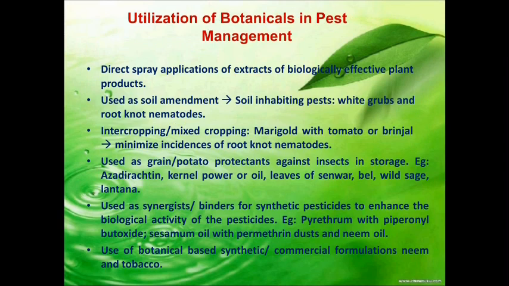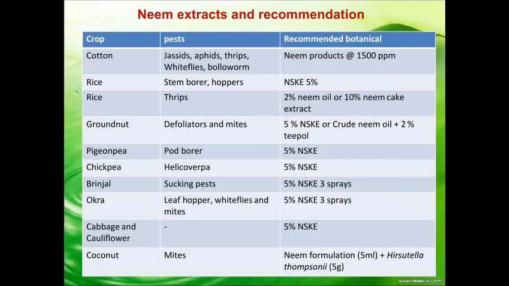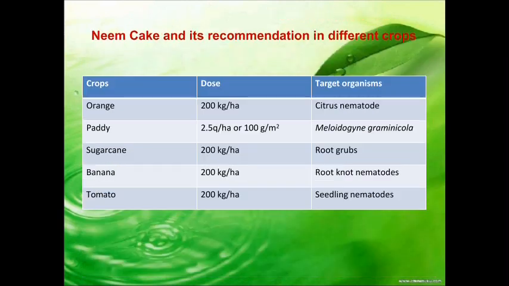Intercropping or mixed cropping is also used there. Use as grain and potato protectants against insects in storage. Then use as synergists. Then use of a botanical-based synthetic or commercial formulation, neem and tobacco. Then these are some of the neem extract recommendations in particular crops against particular pests. This is also the recommendation.